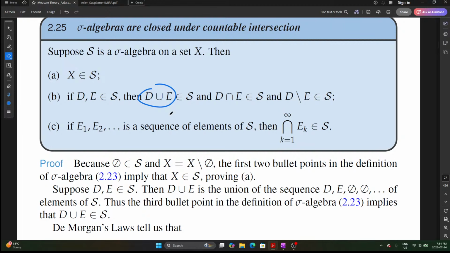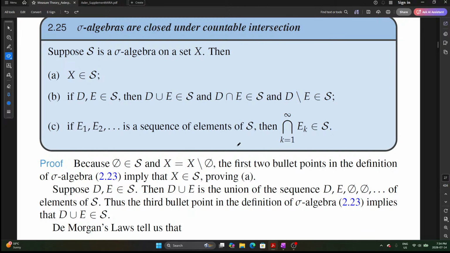It's not finite additivity because we're not even discussing measure yet. But basically the first statement, D and E in S implies that D union E is in S. That's closure under finite union, because you can just treat D union E as a union of the sequence D, E, empty set, and so on.